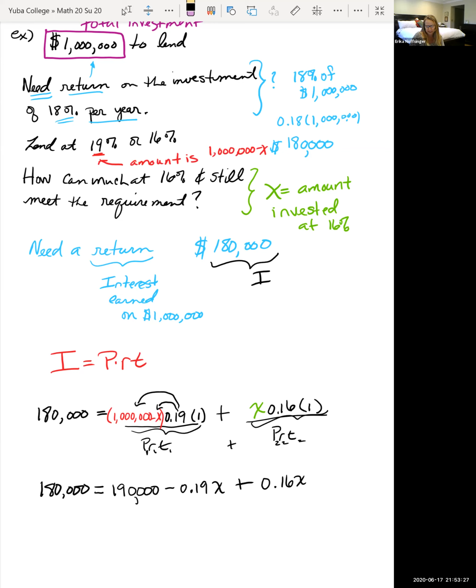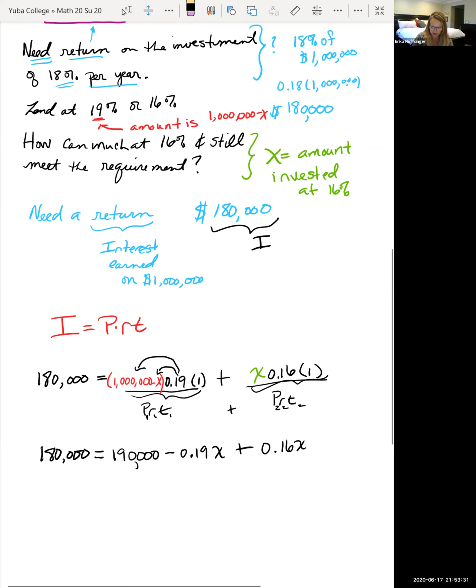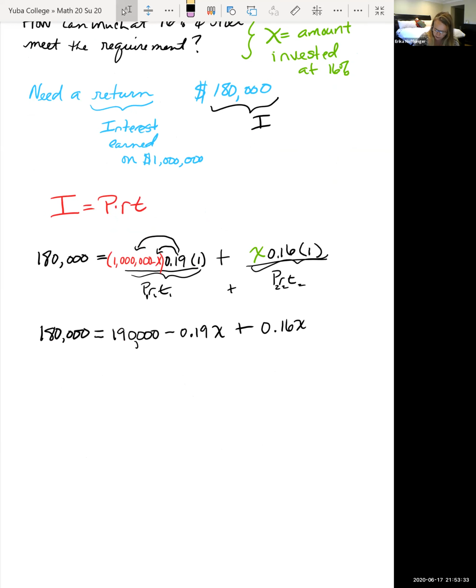So notice that this is a linear equation. We're still not simplified, but while we're simplifying, let's move over that 190,000 and combine those terms with x on the right-hand side of the equation.